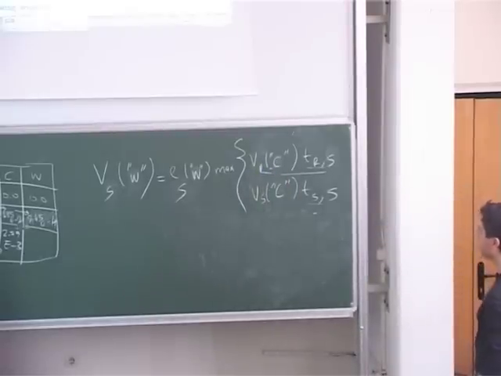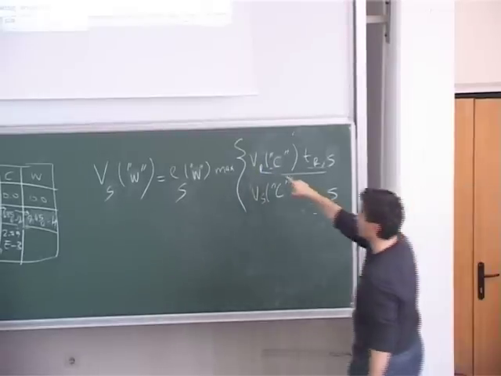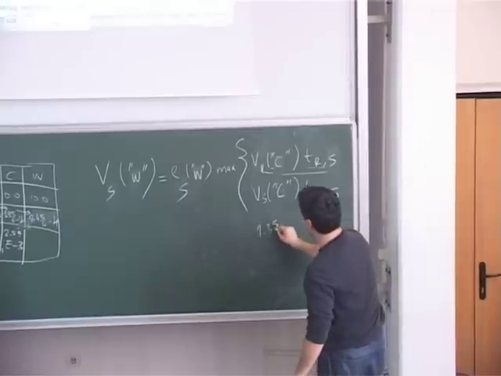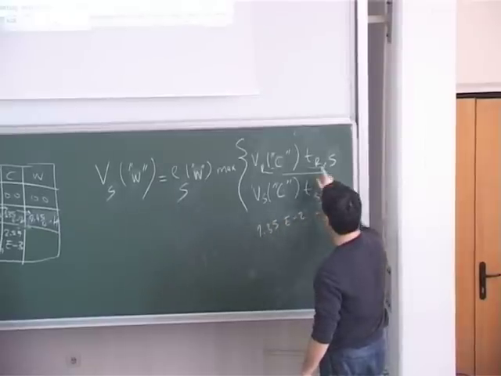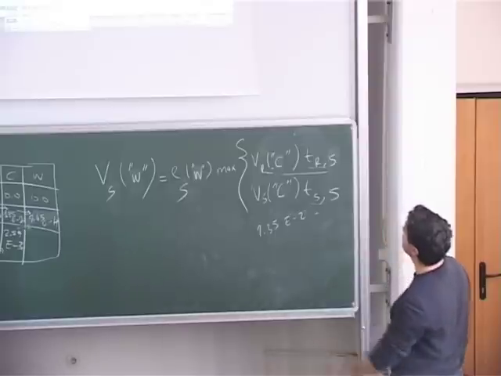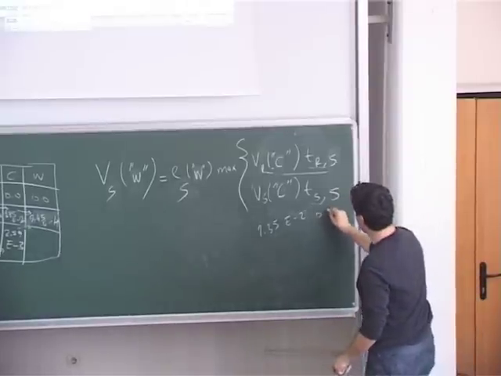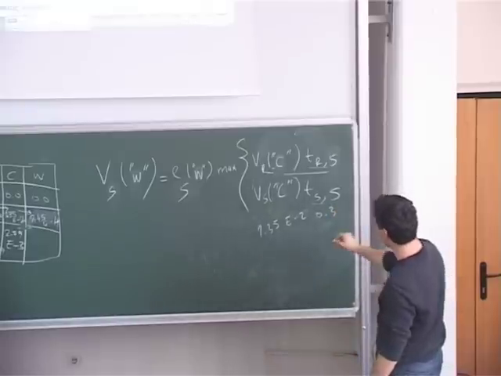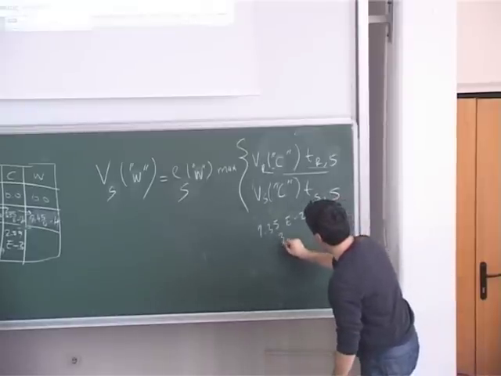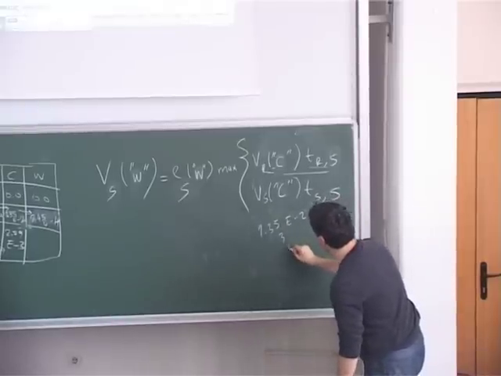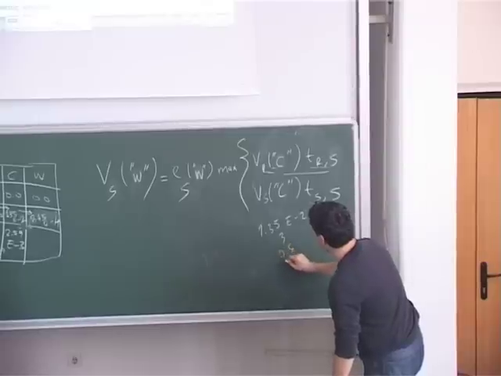So 135, this is 135 e to the minus 2 times the RS transition. The RS transition is 0.3. I'm going to multiply this with 0.3.